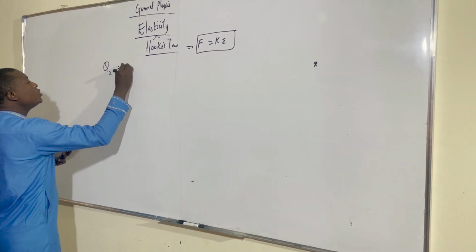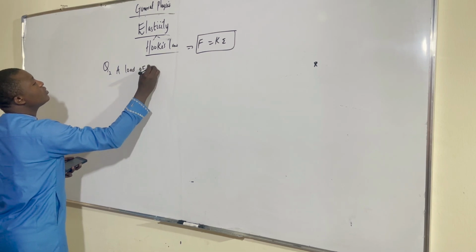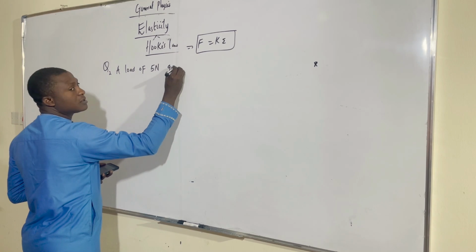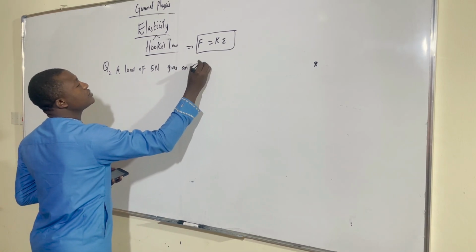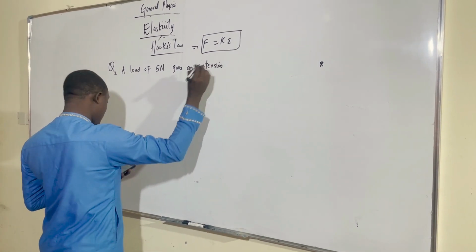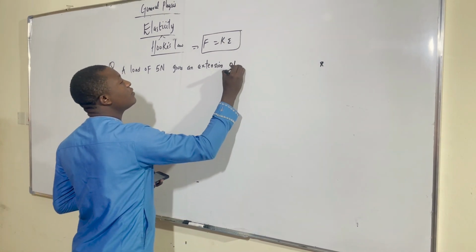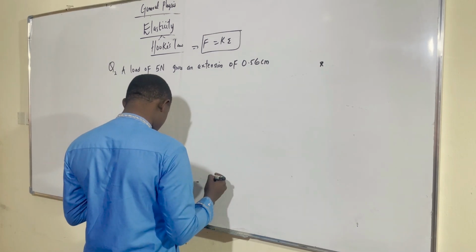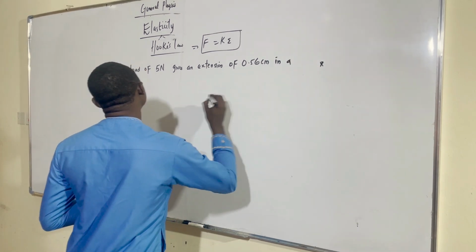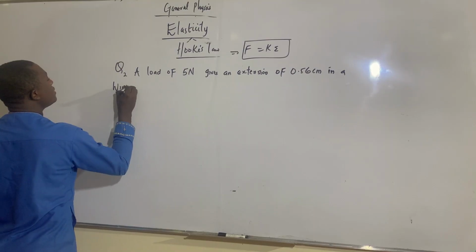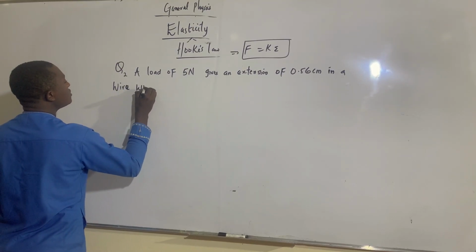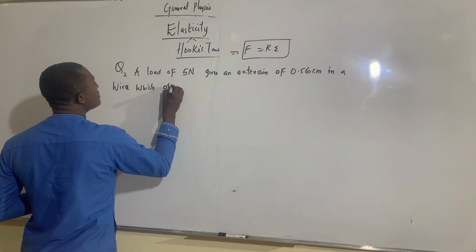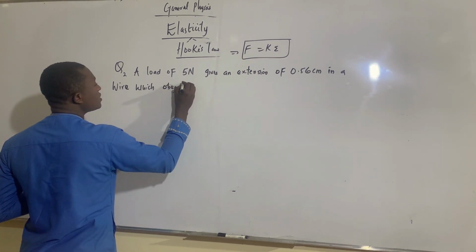They said a load of 5 Newton gives an extension of 0.56 centimeter in a wire which obeys Hooke's law.